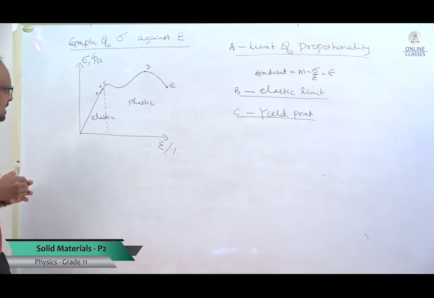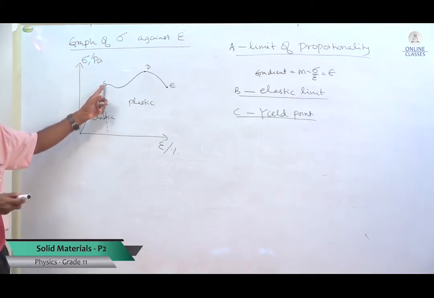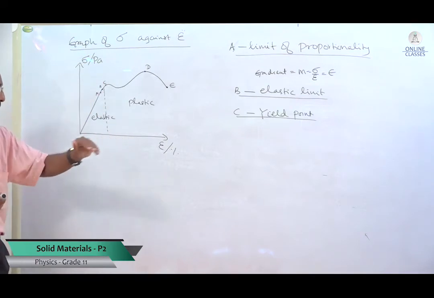So that is the point where there will be a considerable change in extension when you apply a stretching force. The yield point is the point where a small change in stress gives a large change in strain.